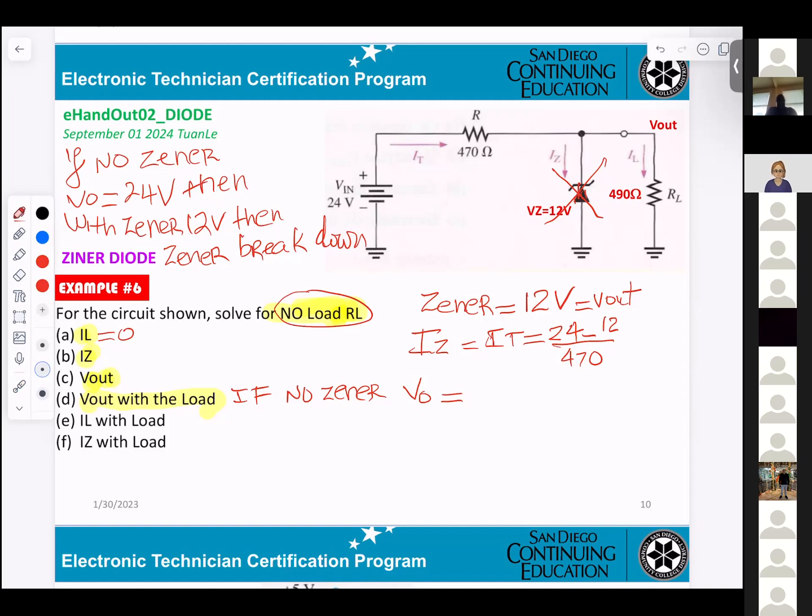Again, I already showed you this kind of circuitry with the resistors in here. Voltage divider law. So V out will be equal to 24 volts times RL divided by R plus RL.